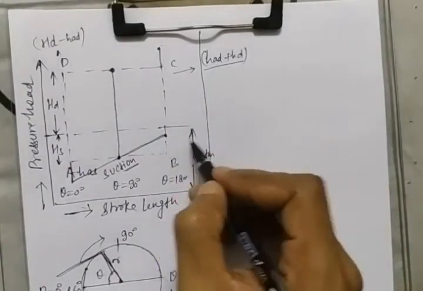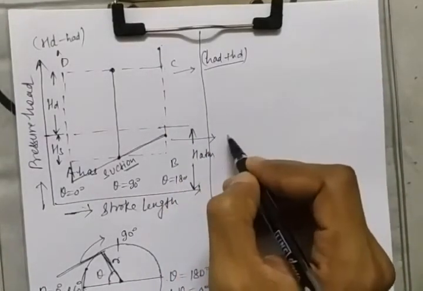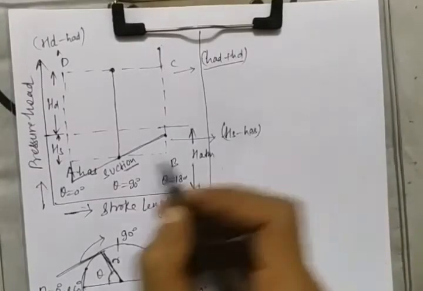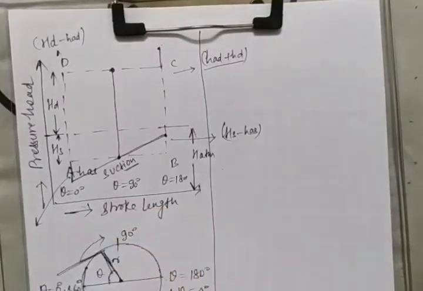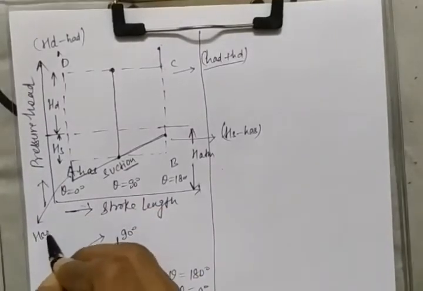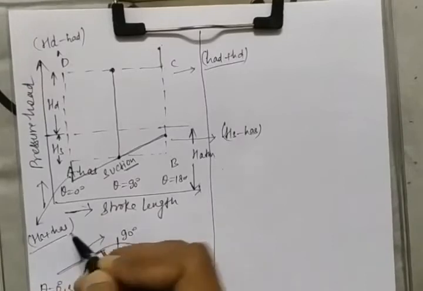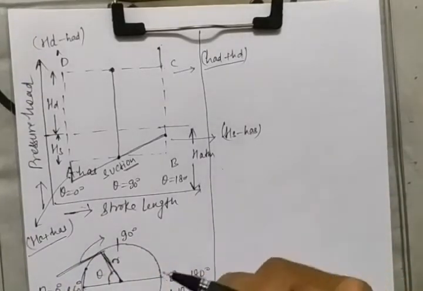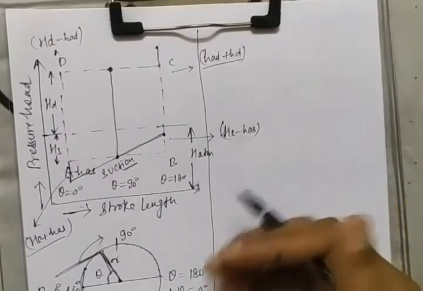Similarly, for this place, if you want to write, you can write HS minus HAS, and for this place, you can write HS plus HAS. This is the total value. So guys, remember this, you are going to need it in the numerical problems.